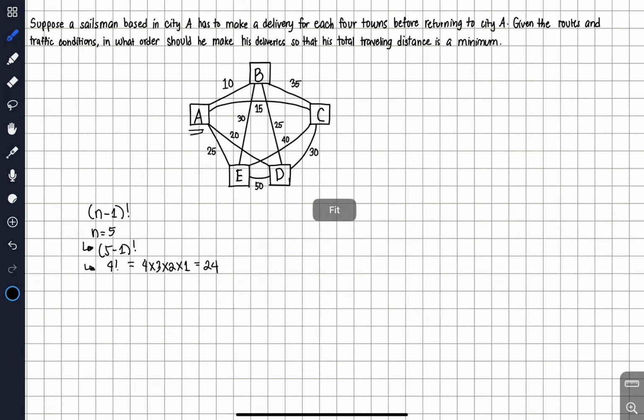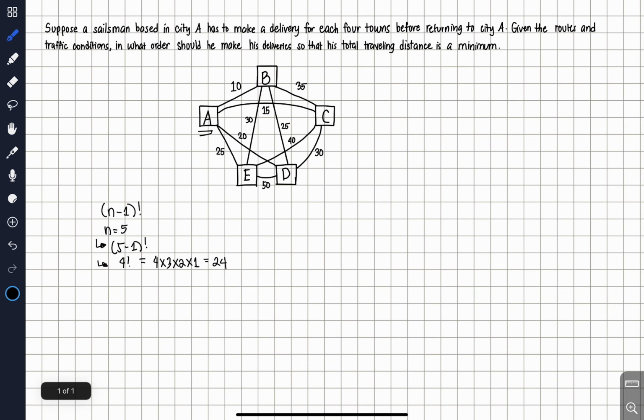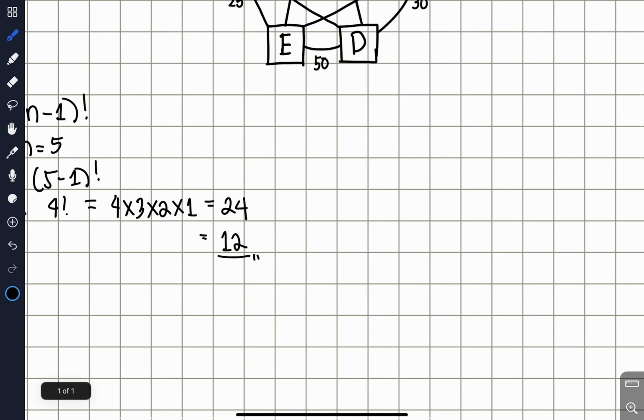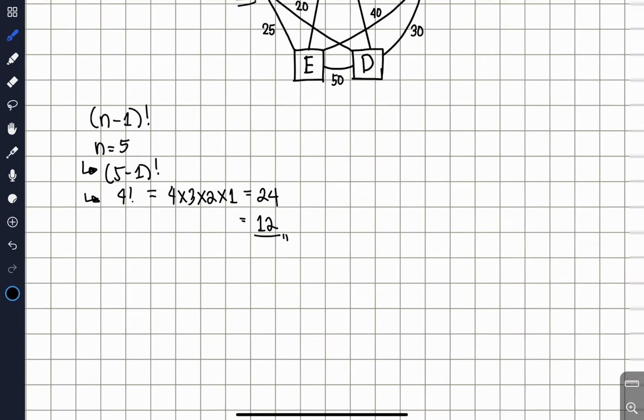So if we base it from city A, there is only half of the permutations we solved initially. So we have now only 12 permutations. So our total is 12.